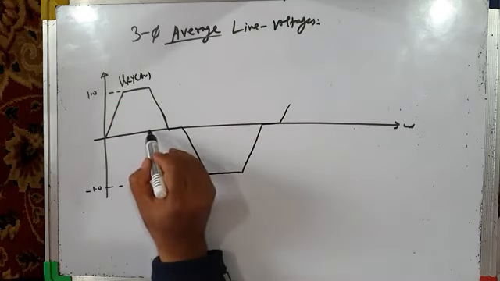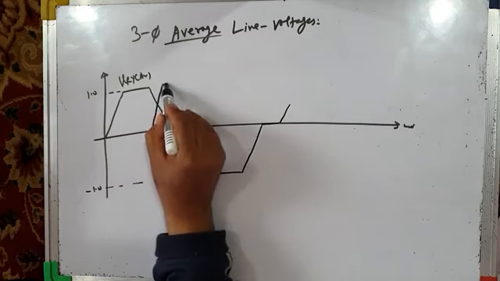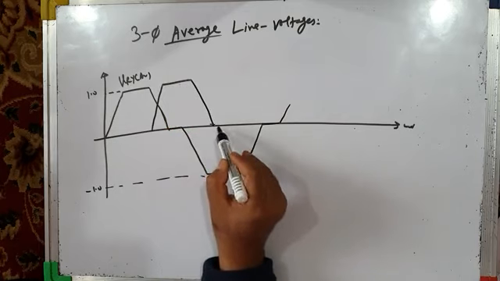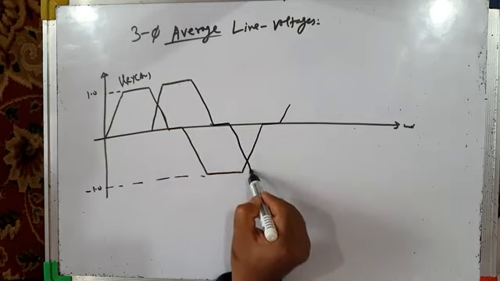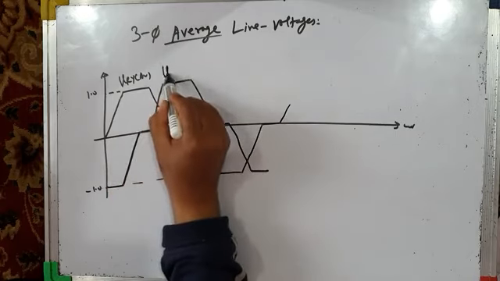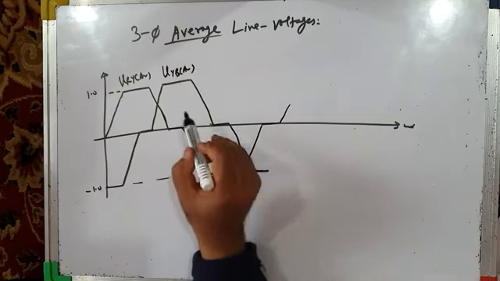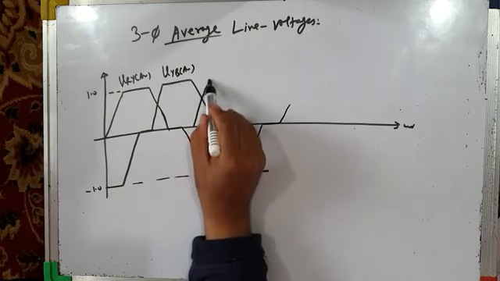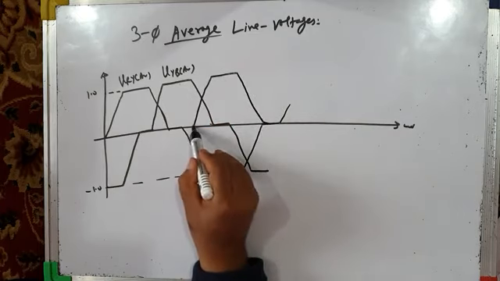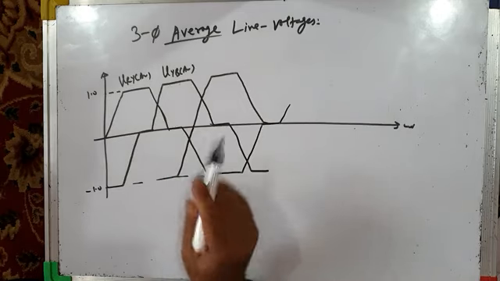What about average line voltage, VYB average? VYB average will be like this. This is line voltage VYB average. Similarly, you can draw VBR average.